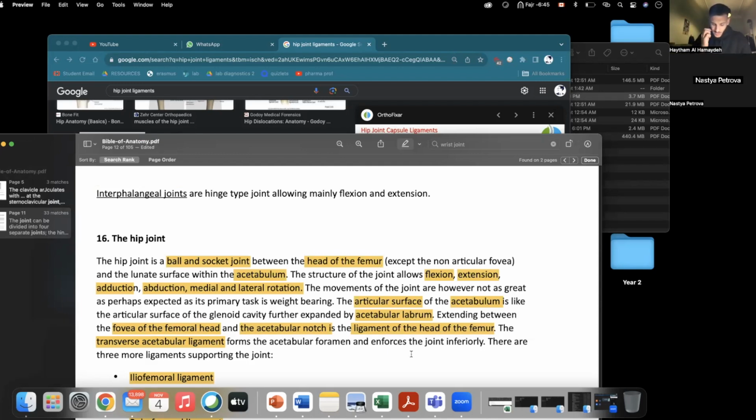Now, shoulder girdle. I'm choosing for you the easiest one so that you can finish them. Joints of rib cage.